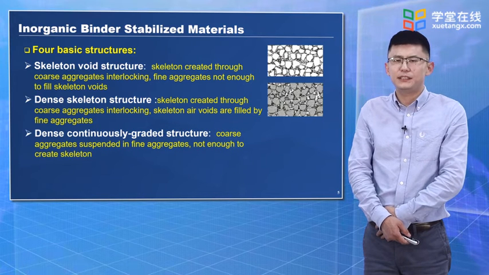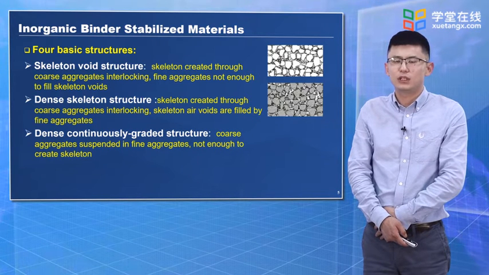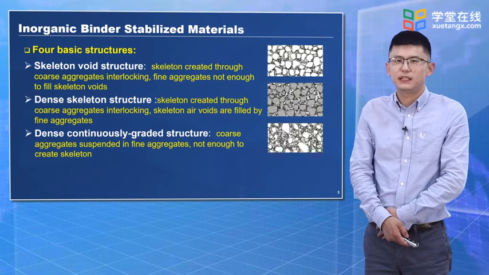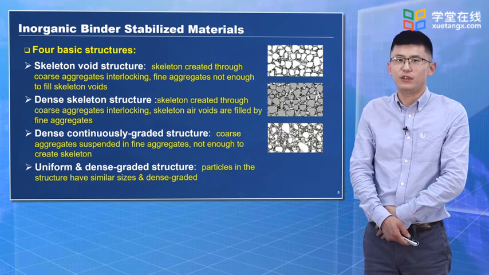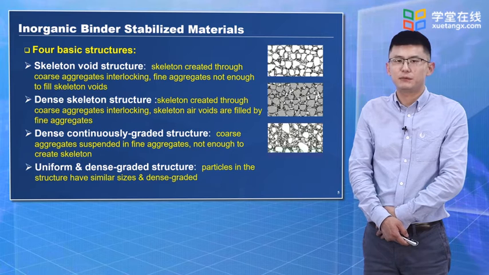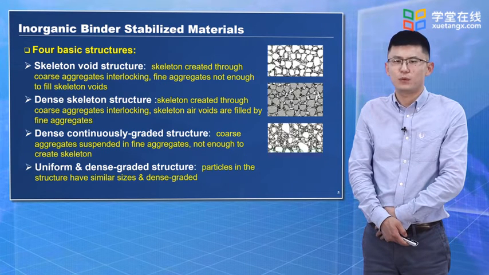And the dense continuously graded structure. We have the coarse aggregates suspended in the fine aggregates, not enough to create a skeleton, like this. And in addition to the 3, we also have the fourth one for the inorganic brine stabilized materials. We call it uniform and dense graded structure. What's it?